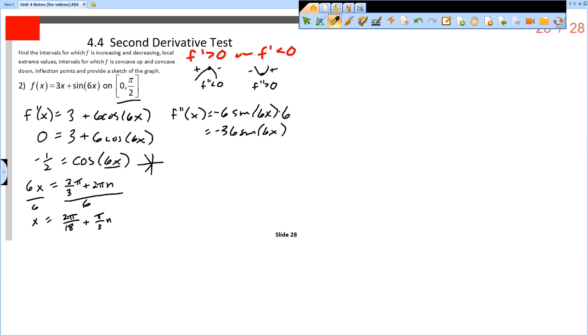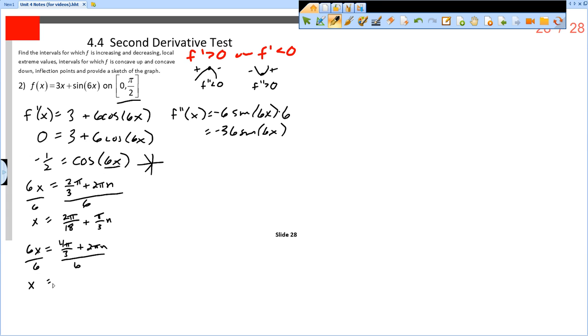All right. And now we also have that 6x would be equal to, if we go into quadrant 4, 4 pi over 3 plus 2 pi n. And so then we're going to divide this by 6 as well.